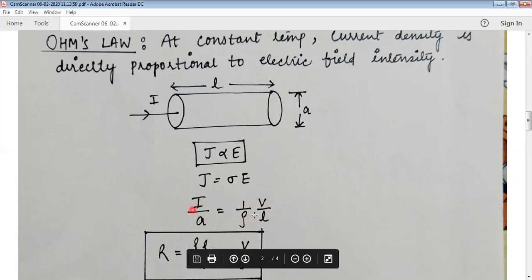So when you move rho and L to the left hand side, this becomes rho L by A. And if you take this I to the right hand side, this becomes V divided by I. So what is rho L by A? Rho L by A is your resistance.